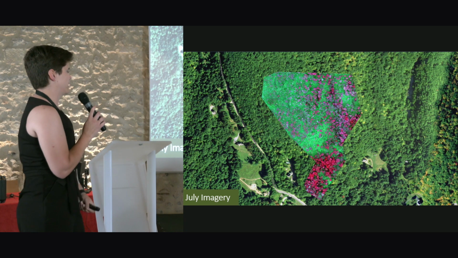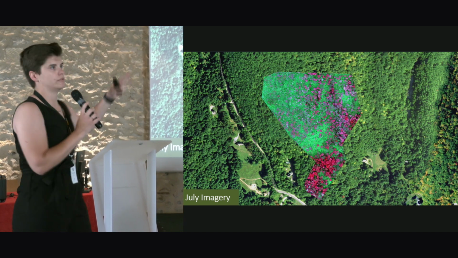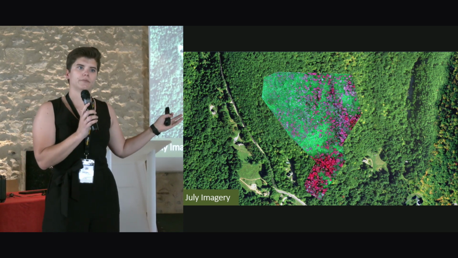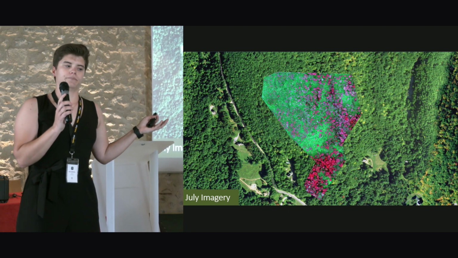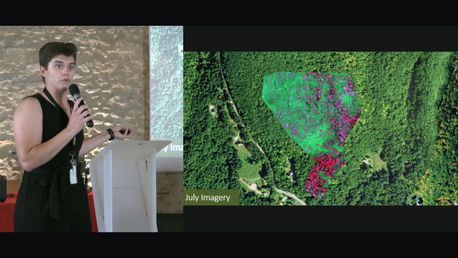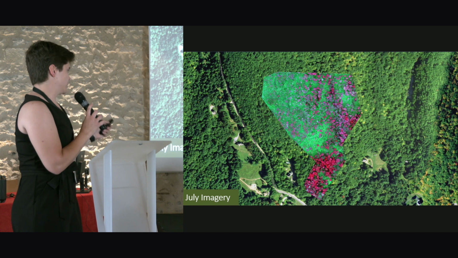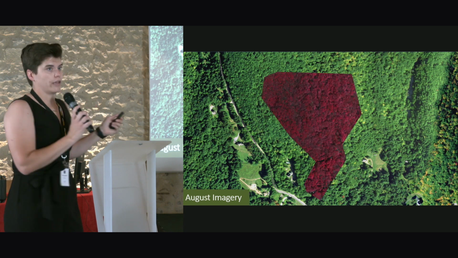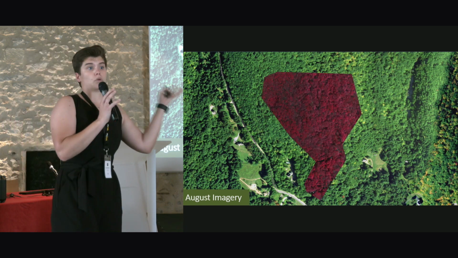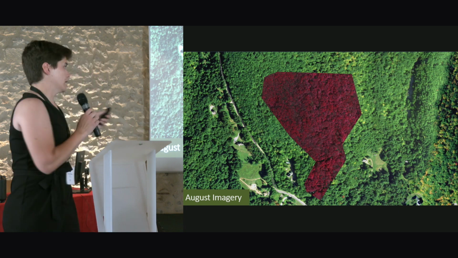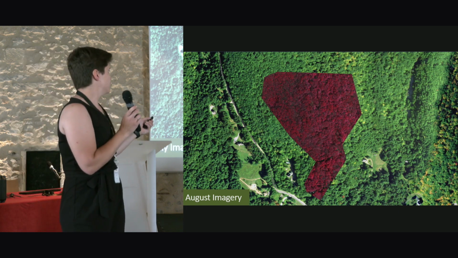It's a similar effect to the true color imagery, where you can see how much is defoliated. But when we switch to August, I think the change in refoliation, if you will, is even more apparent.